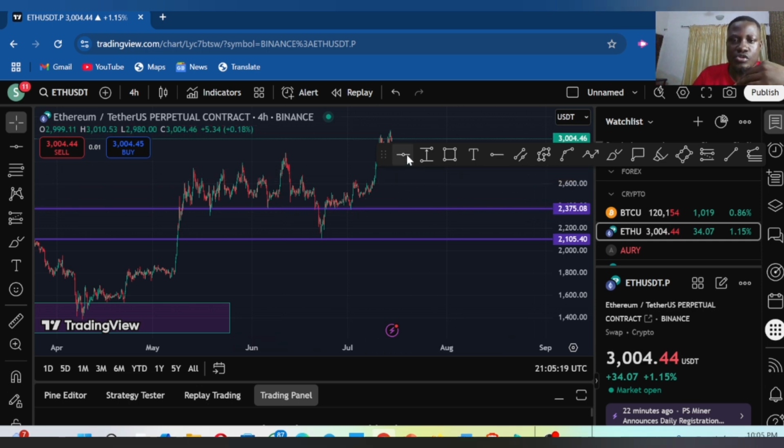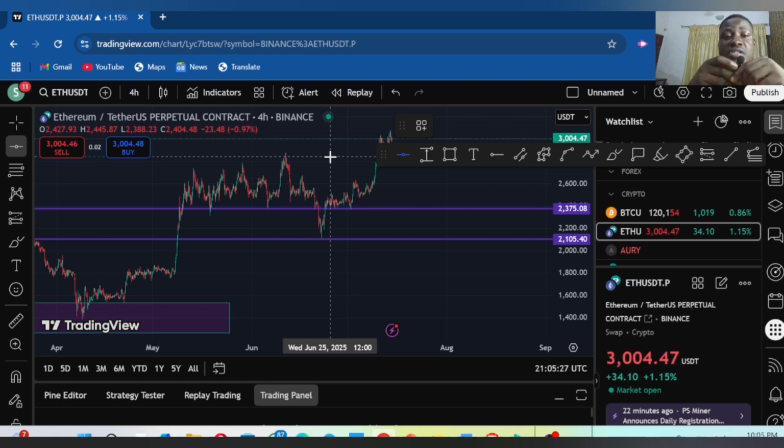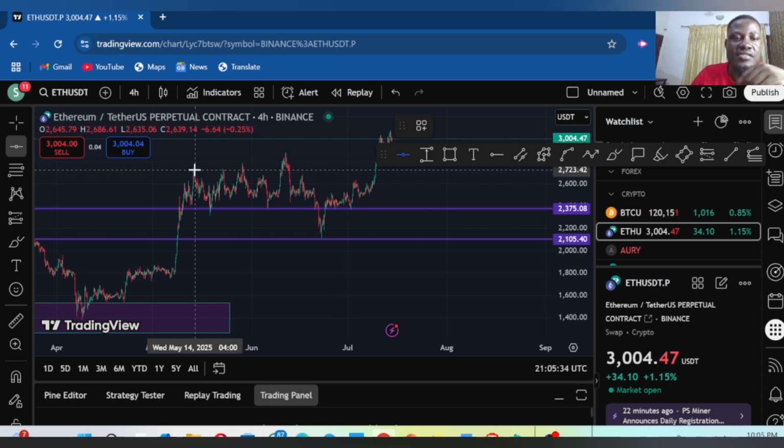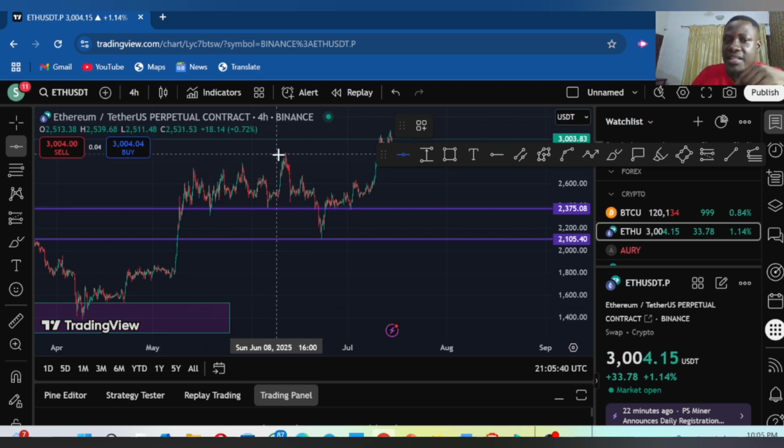If you want to draw it, you should obey the same rule we stated for support, that there must be 2 to 3 turning points. The same applies here: in this zone the price rejected, rejected, rejected, rejected, and then there was a kind of fake out at this point. So this level is what we refer to as a resistance level.